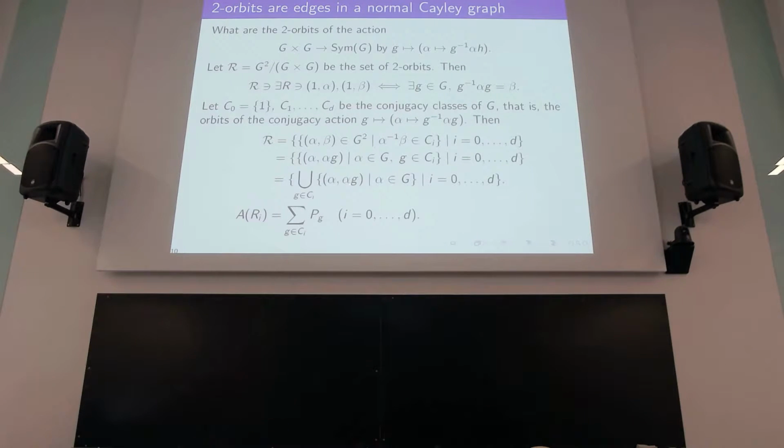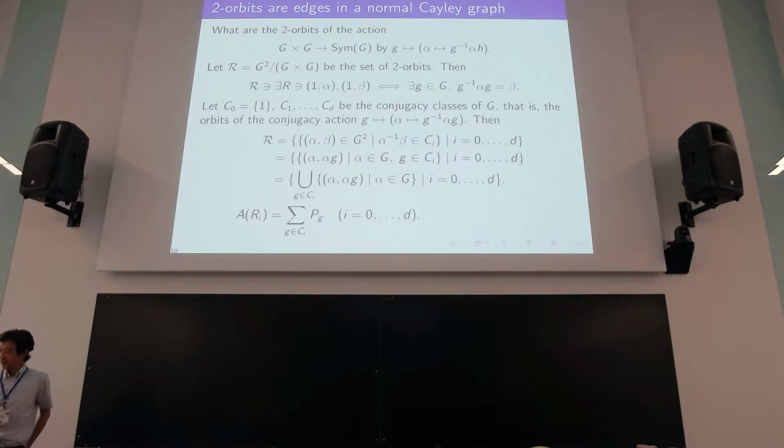Alpha, comma, alpha g is precisely the position of 1 in the permutation matrix P_g, because the P_g alpha, beta entry is 1 if and only if beta is equal to alpha g. So this is precisely the support of the permutation matrix. So you just collect those supports. That means you just take the sum of permutation matrices, and that gives the adjacency matrix of the ith relation, which corresponds to the ith conjugacy class.